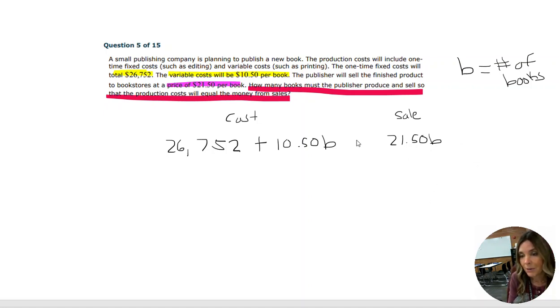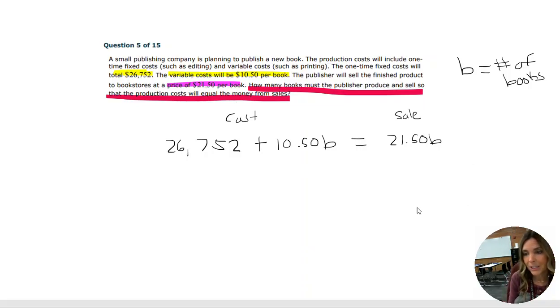We want to know when the production cost is going to be equal to the sale of books so that they can break even. So how many books do they need to sell so the production cost will equal the money from the sales.